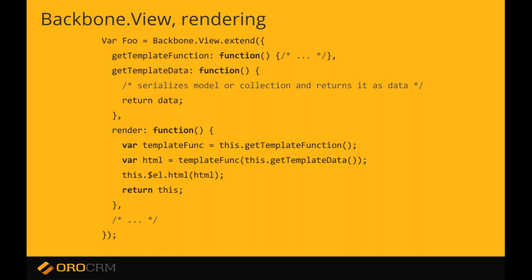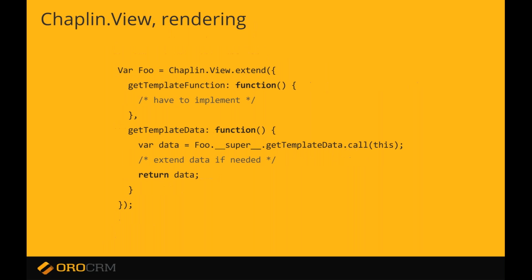So basically we have to define two methods: the template function and the template data. And Chaplin has already done it. So in most cases we have to define only the get template function, but we can also do it automatically. In most cases in Chaplin we don't need to redefine the render method.